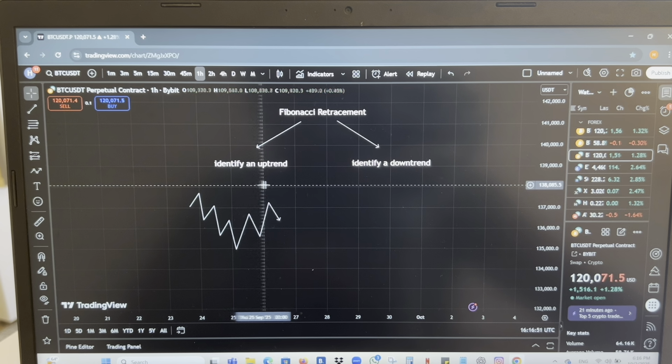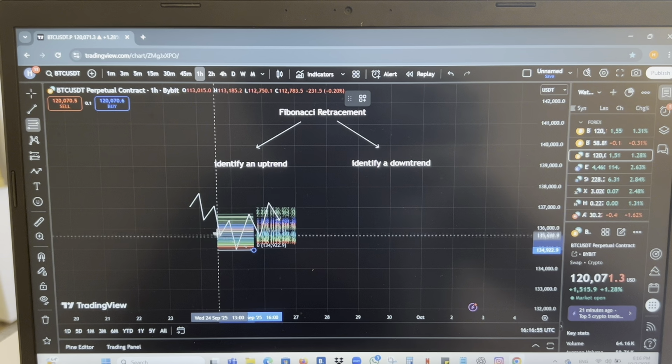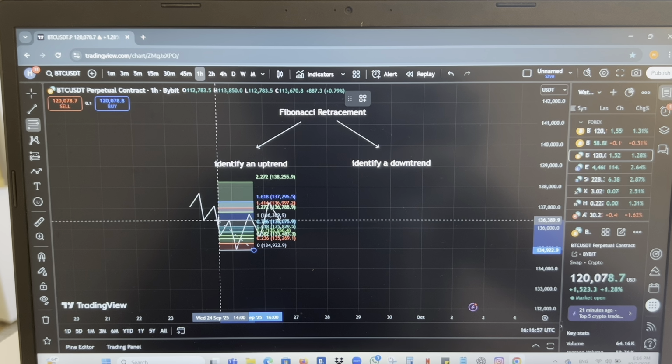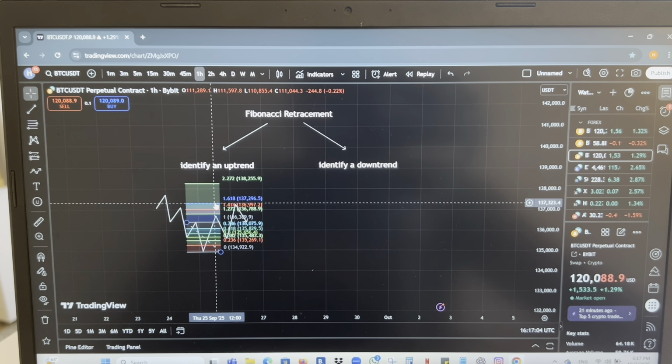Then what we can do using the Fibonacci levels is identify where it's going to go next, I mean, how long the uptrend is going to last.